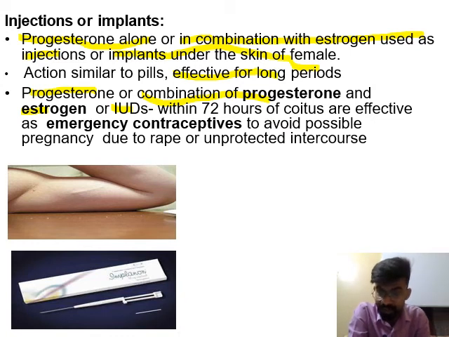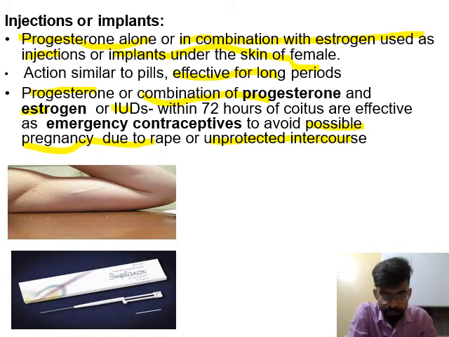Suppose coitus takes place between male and female, and no barrier method is followed, so the chances of fertilization will be high. In that case we use pills which are effective for about 72 hours, and these pills are known as emergency contraceptives. They avoid the possible pregnancy due to rape or unprotected intercourse.